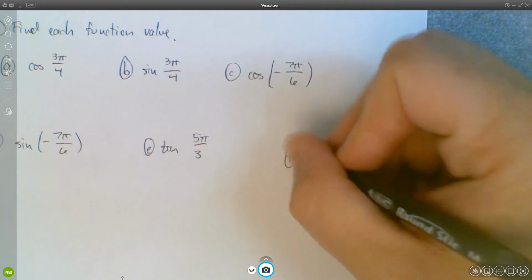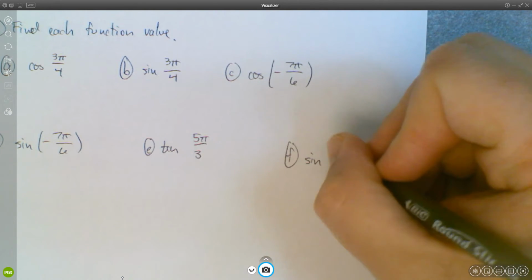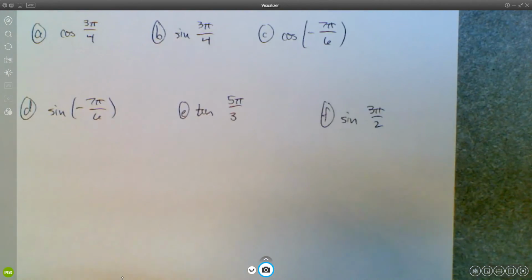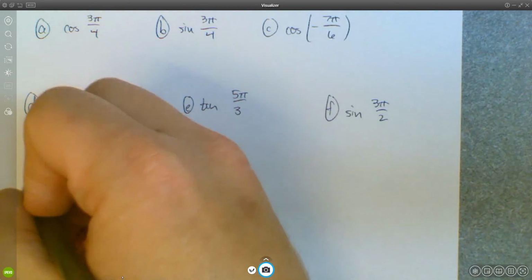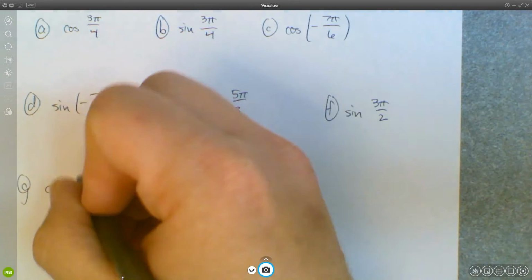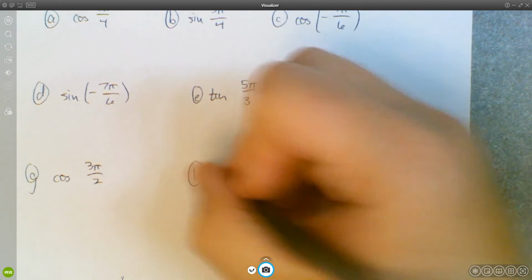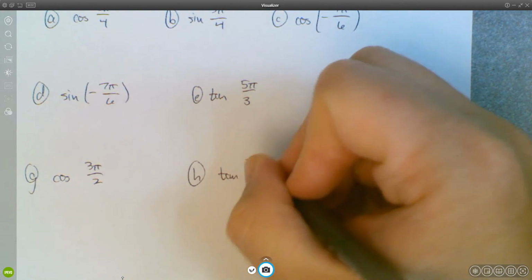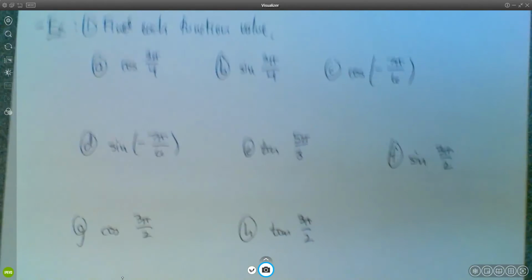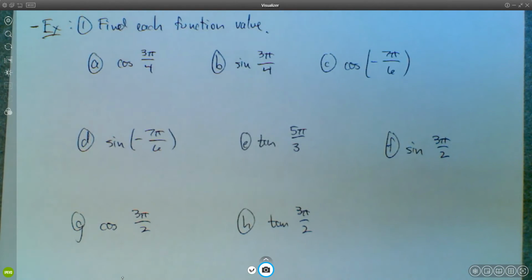We'll do sine of 3 pi over 2. Cosine of 3 pi over 2. And tangent of 3 pi over 2. Okay, so go ahead and give the video a pause, see if you can figure out all of those function values.